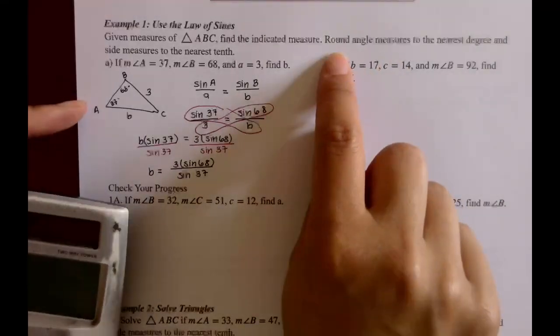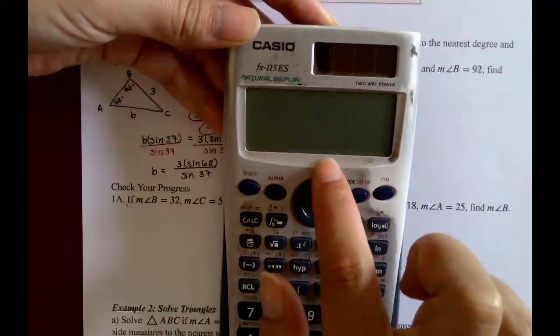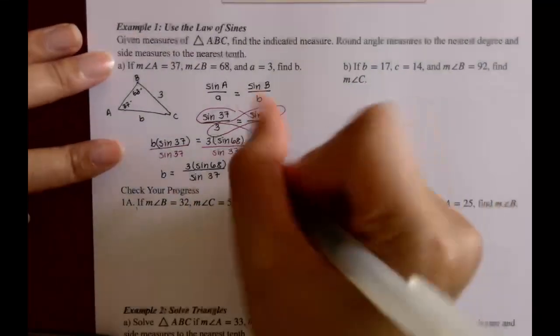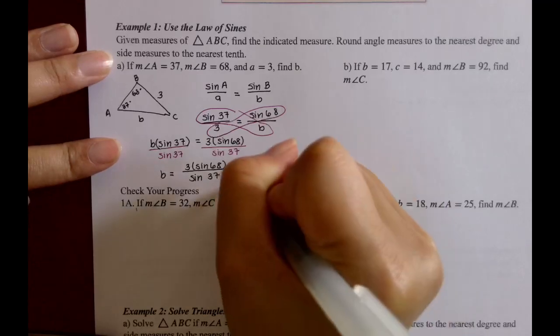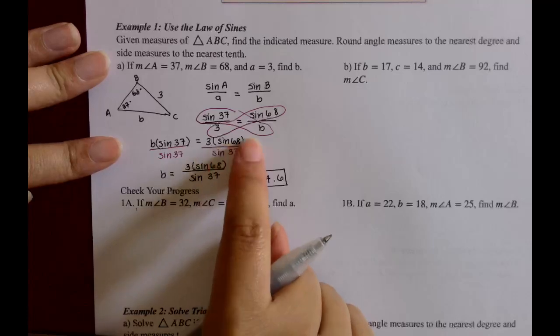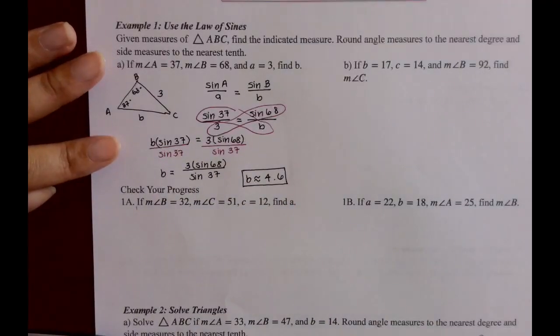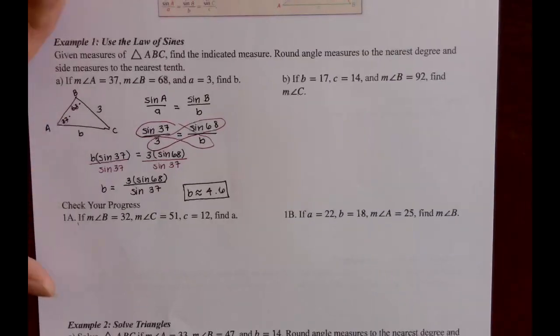Because here I want to round side measures to the nearest tenth, so 6, next to it is a 2, so it's going to stay as 4.6. So b is approximately 4.6. If you rounded too early, like if you actually found what sine 68 was ahead of time, your answer might be slightly off.